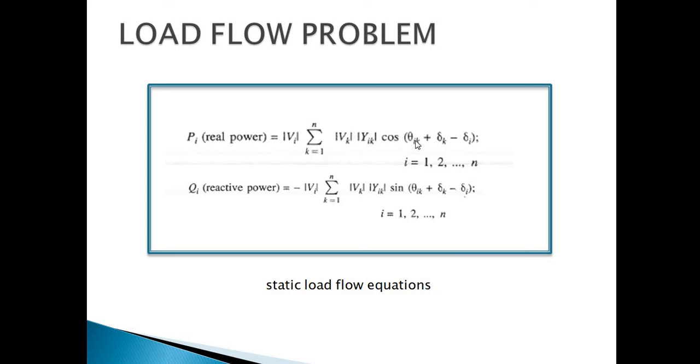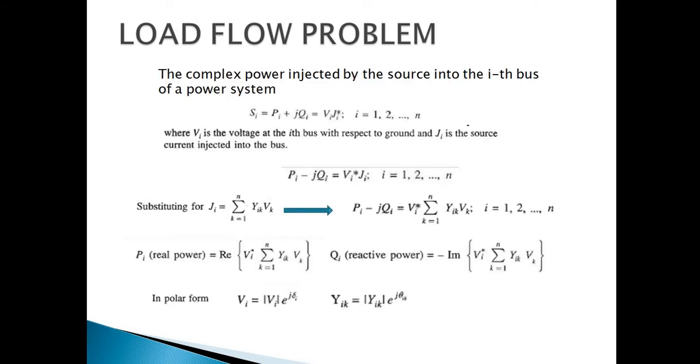Now where are we getting this delta ik, theta ik, delta k and delta i? Just understand this: Yik is in terms of this, Vk is in terms of this.